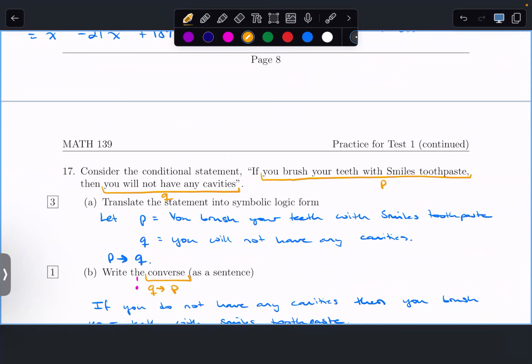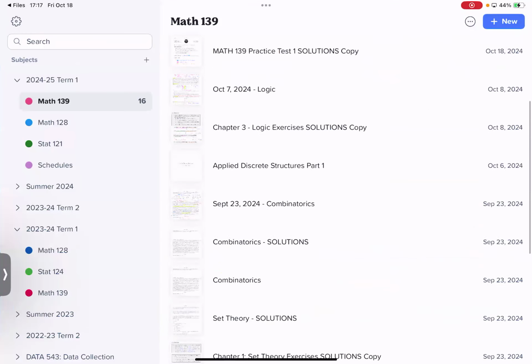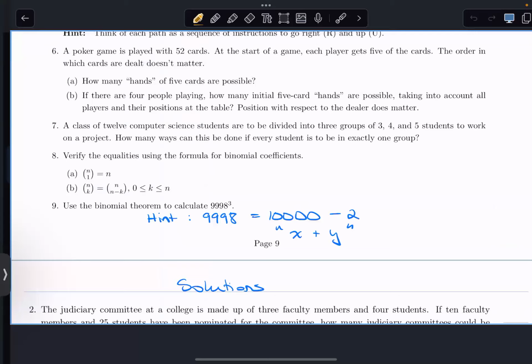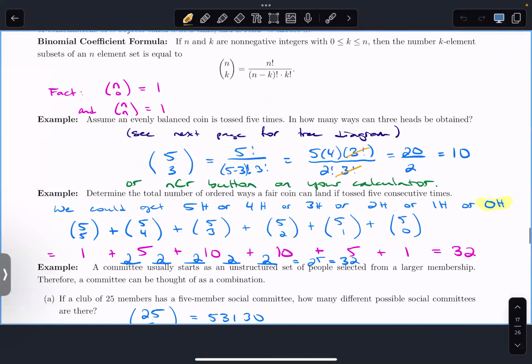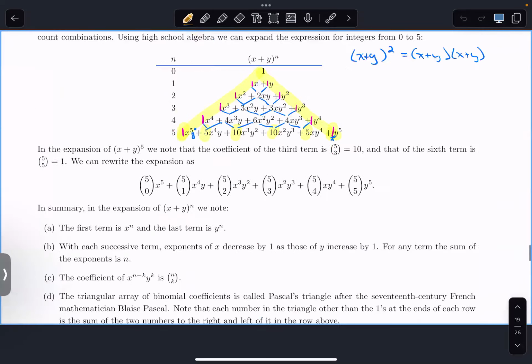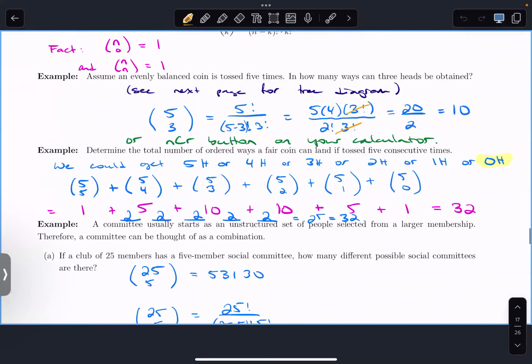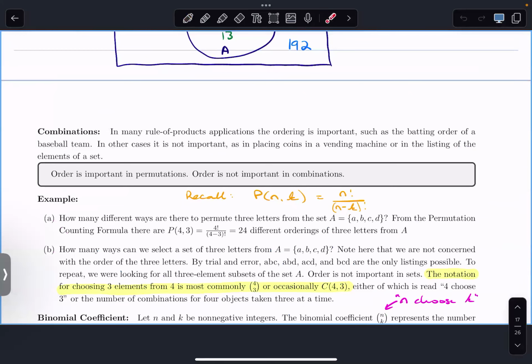I feel like I had it highlighted somewhere in our notes. Okay.